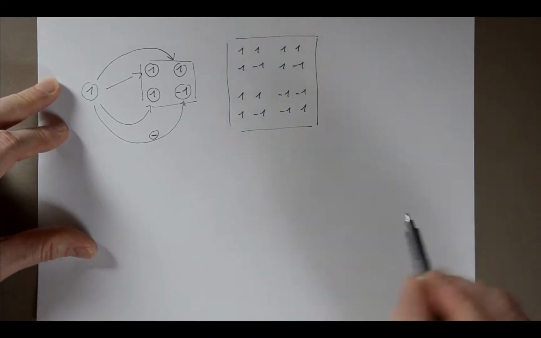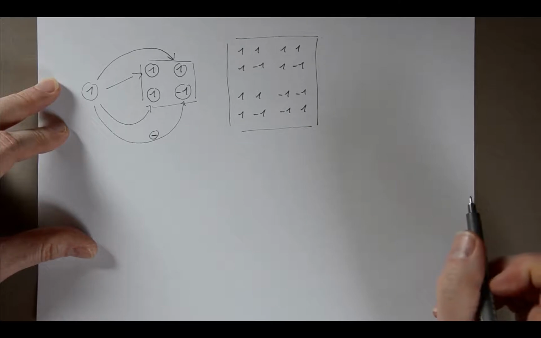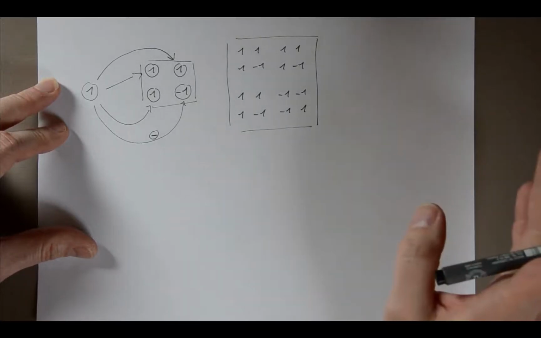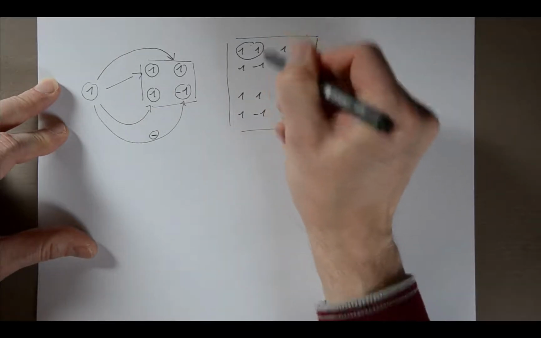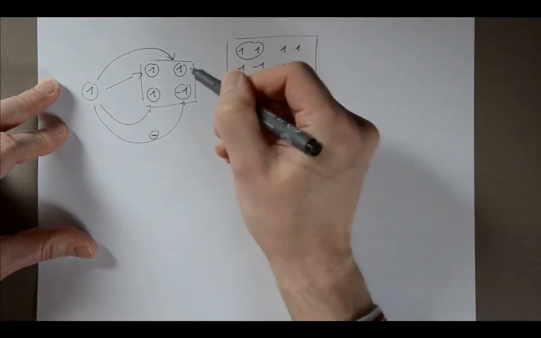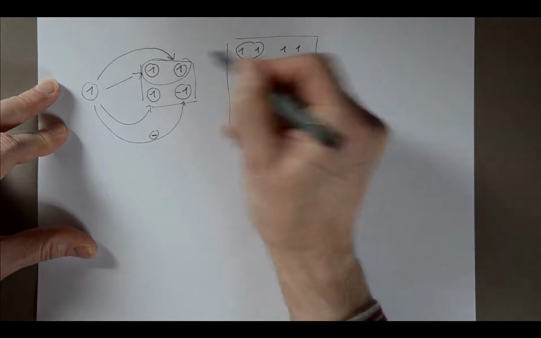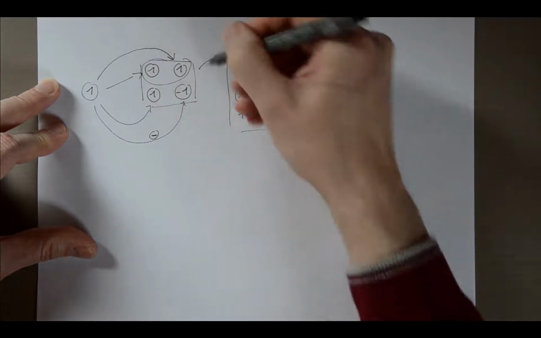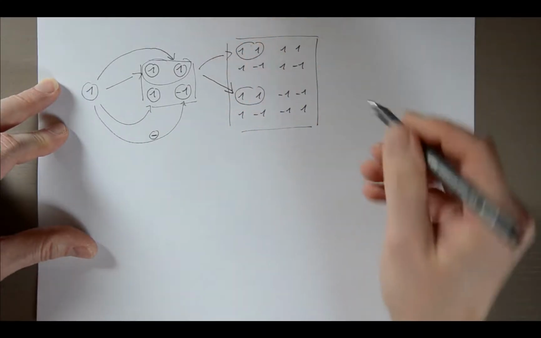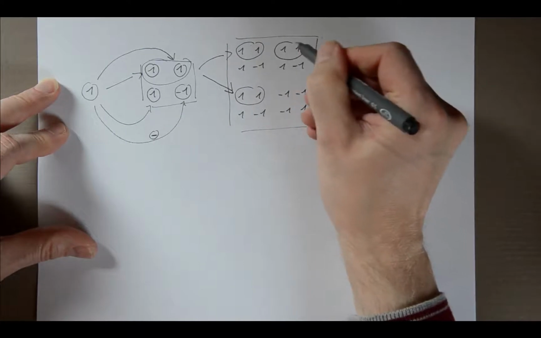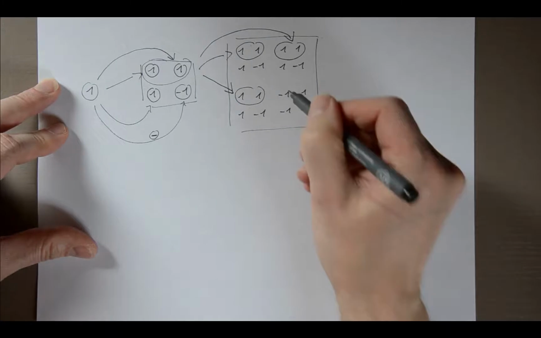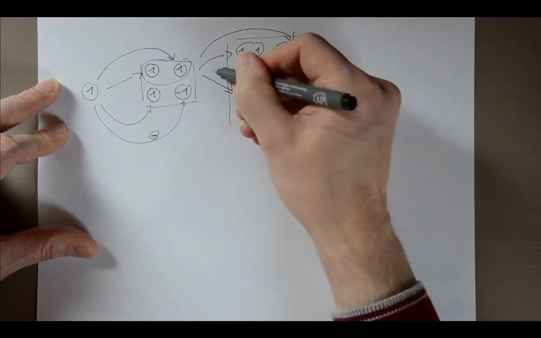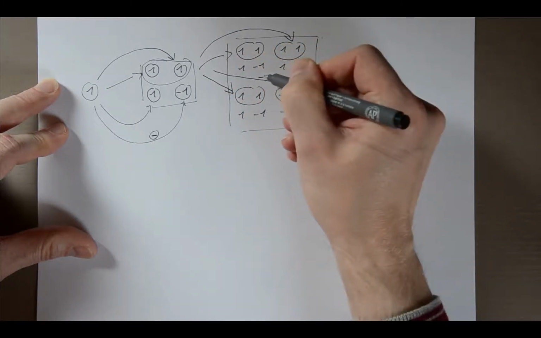So for the second matrix here, we did basically the same thing. We have here 1, 1, which appears here and there. So we just copied this 1, 1 over there and over there. Copied it once again in non-negated form over there and in negated form down here.